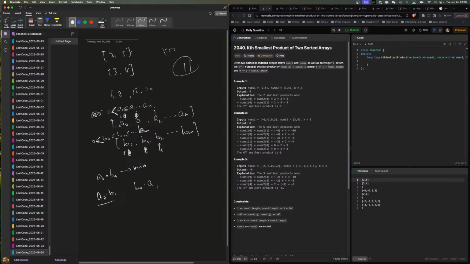Where should 11 be? Well, 11, we have a number.